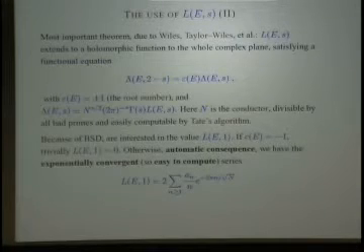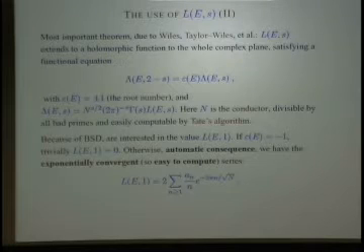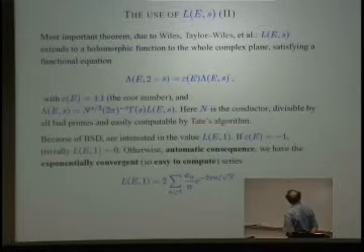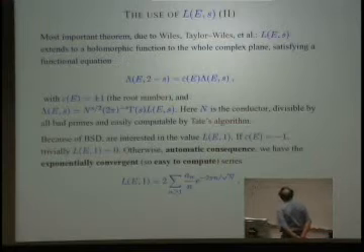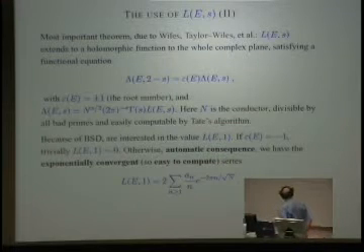And of course, the crucial theorem of Wiles, Taylor-Wiles, and successors is that this function can be extended to a holomorphic function in the whole complex plane, having a functional equation of the form lambda of E, 2 minus S equals epsilon of E times lambda of E,S, where epsilon is called the root number. It's equal to plus or minus 1.